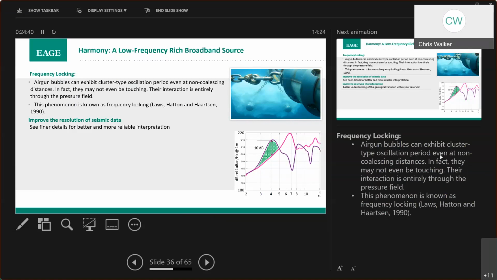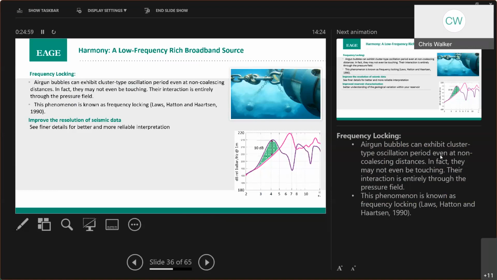So you get the interaction through the pressure field known as frequency locking. And so this has been developed into Harmony. It's a Shearwater source. It gives you an alternative way of using conventional air guns with a different geometry to improve low frequency output.